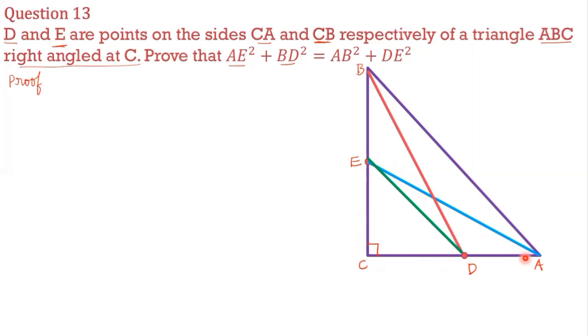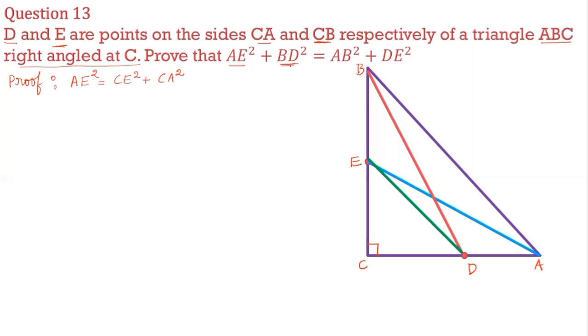So AE square is equal to CE square plus AC square. Now write down AE square is equal to CE square plus AC square. Now we got AE square.